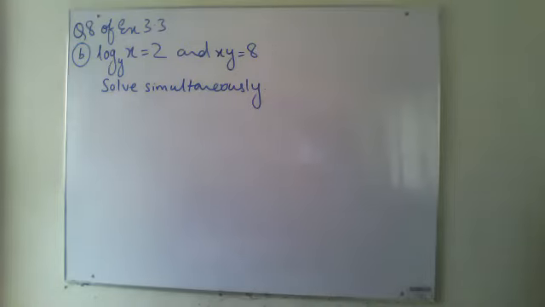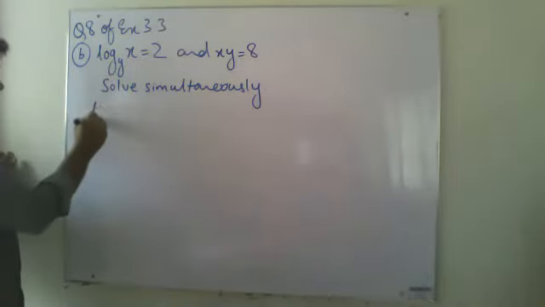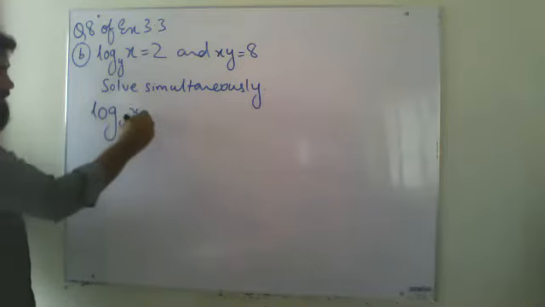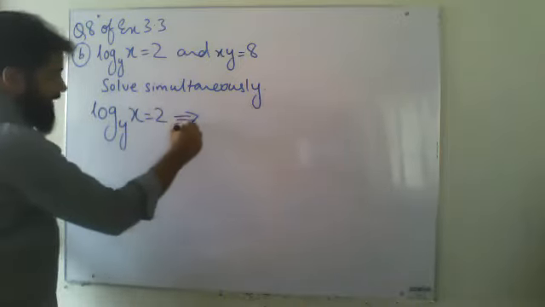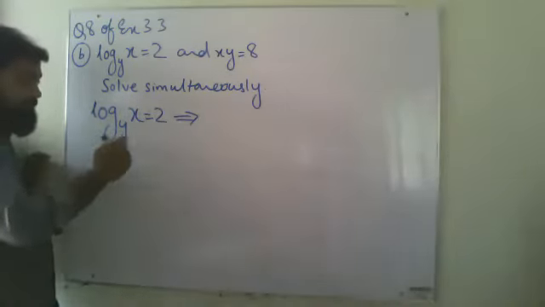So how we are going to do this one? See, first of all, I am taking this equation log base y of x equals 2 and I'm converting it into index form. So when I'm going to convert it into index form, what will happen?